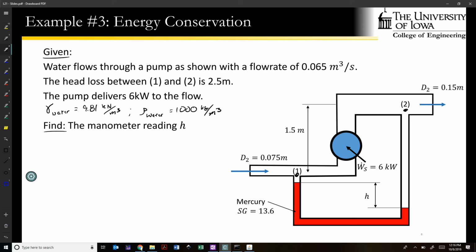Pause here, make sure we're on the same page. So as before, it behooves us to pick out our form of the energy equation in a way that's going to save us some work. So we'll recognize it's water, it's incompressible. Let's assume we're not using the first one that has enthalpy.